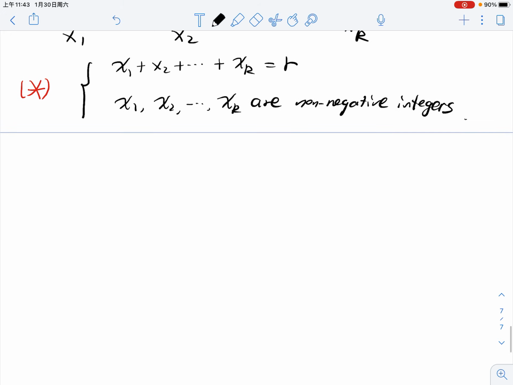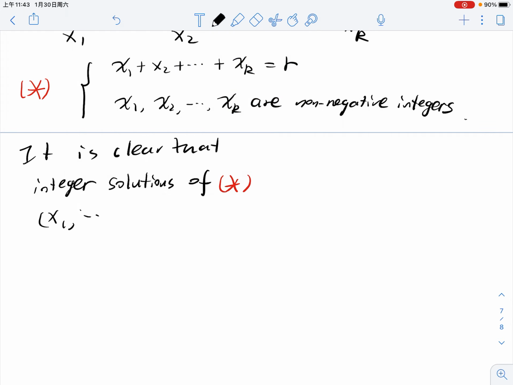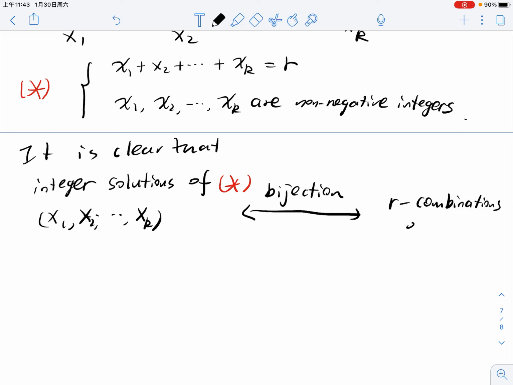And it is clear that integer solutions x1, x2, xk of star are in 1-to-1 correspondence with r-combinations of S. So that's a very important abstraction.